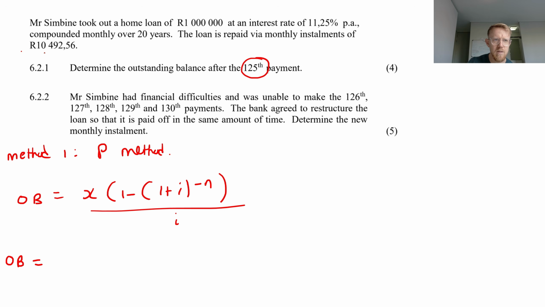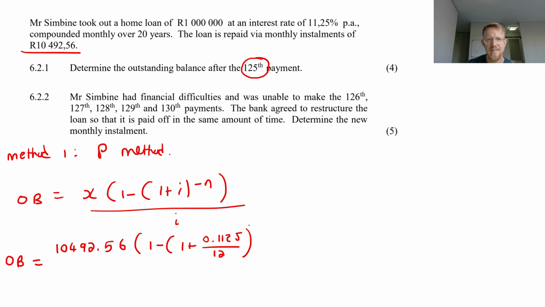So we know that the monthly payment is 10,492.56. We know that the interest rate is 11.25%, and that's compounded monthly, and it's 20 years. Okay, but now we've got to be careful.